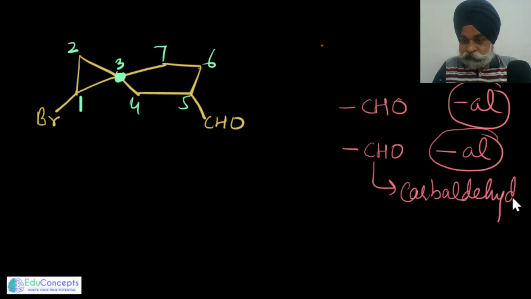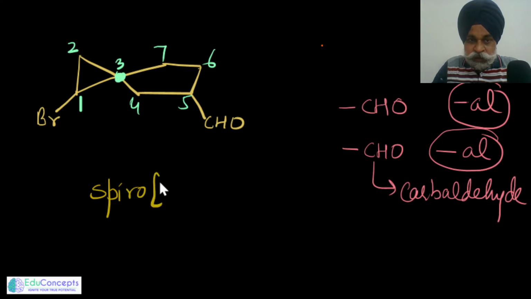For this I would refer you to the special important latest rule of IUPAC for which I have already made a video. So now the name of this compound would be Spiro. Here you have 2 carbon atoms, here you have 1, 2, 3, 4. In total it is 7. It is hept.